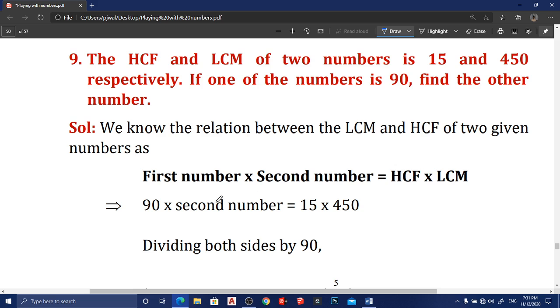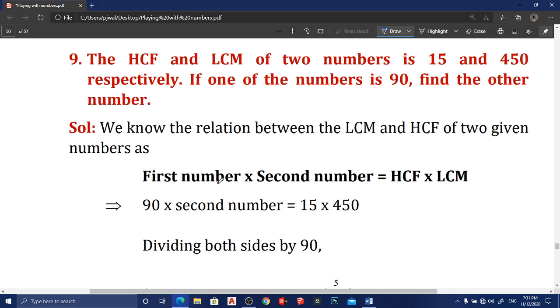If you know any three of these values, you can find the fourth value. How can you find it? Here the HCF and LCM of the two numbers are given, 15 and 450, and one of the numbers is also given, which is 90.